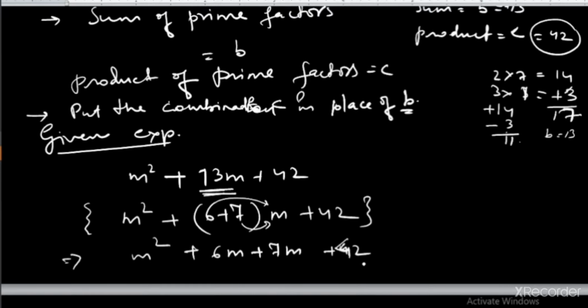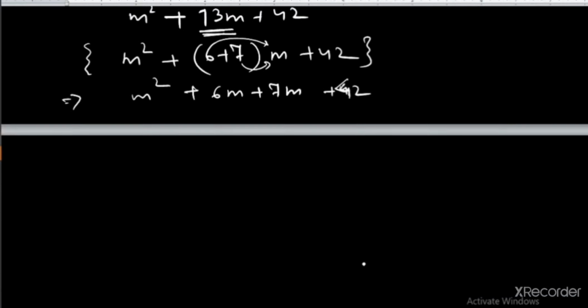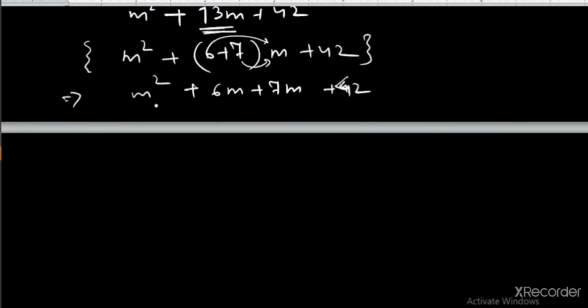Then what will you do after this? Make the groups. You can see we are now having 4 terms here. Actually, the very first motto of our factorization is to change the trinomial into 4 terms. Here you can see you are having now 4 terms, 1, 2, 3, 4, so that you can get pairs. To bring them into 4 terms, what we have done, we have split the middle term.